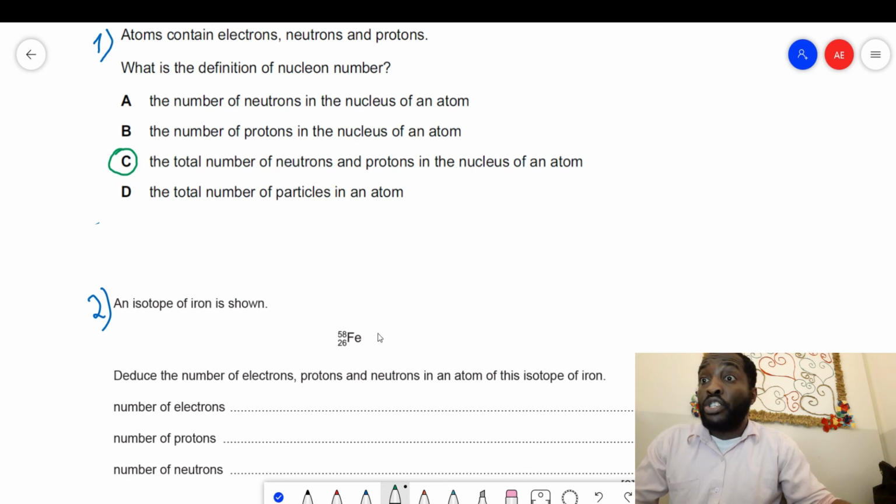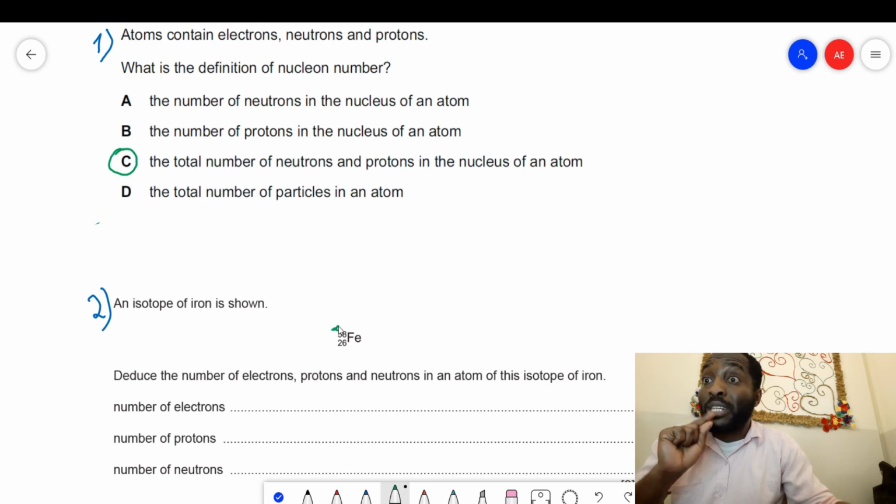An isotope of iron is shown, and that is the iron there. Deduce the number of electrons, protons, and neutrons in an atom of this isotope of iron. Now we know that the upper number, which is the larger number, is always the mass number. I repeat, the larger number must be the mass number.